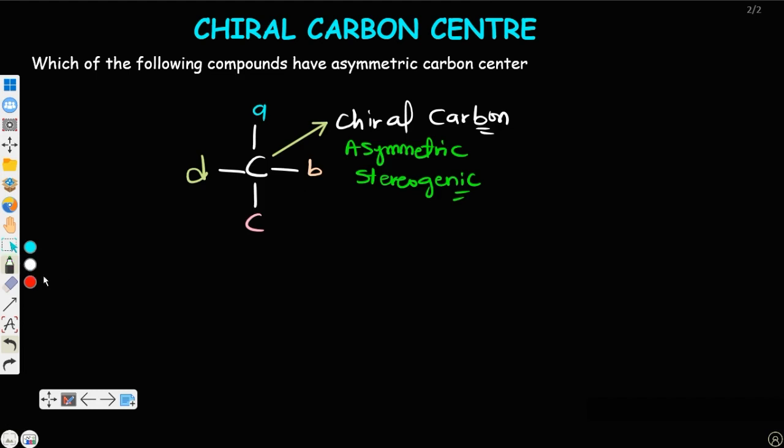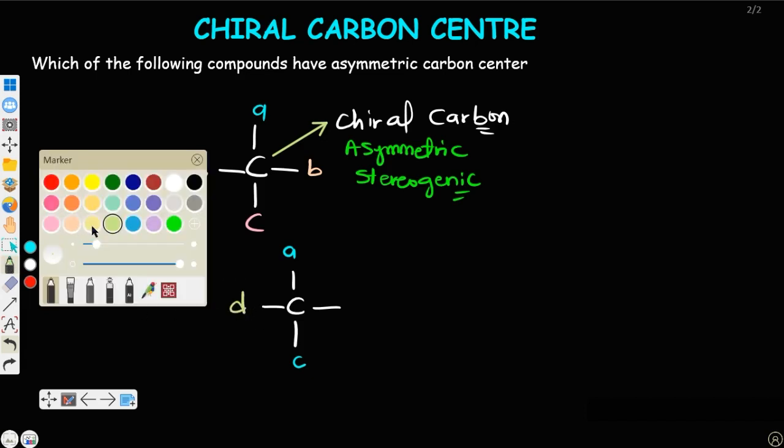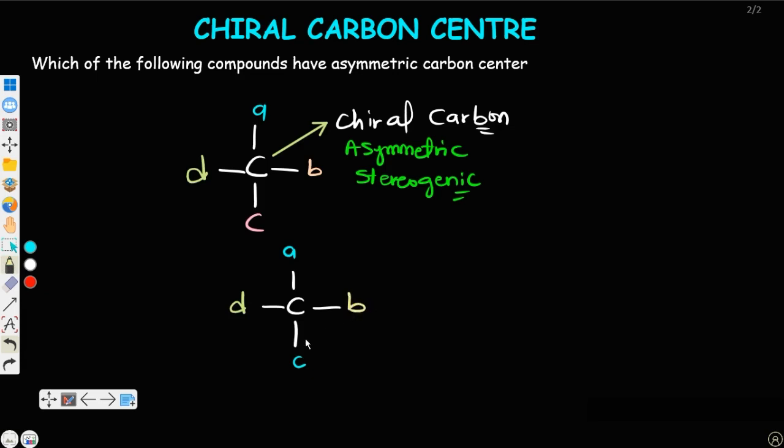Now, how about a situation where you have something like this, with A, then C, then D, and lastly B. If you look at this very well, this carbon center is not a stereogenic carbon center.